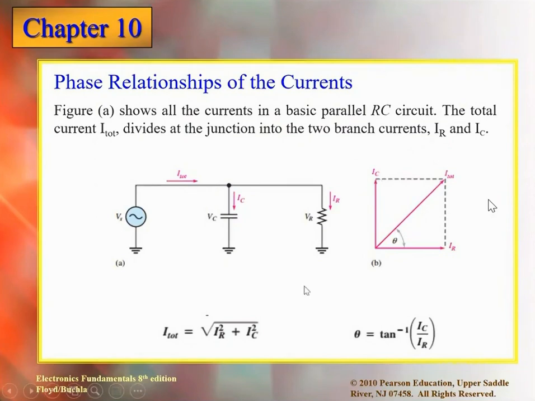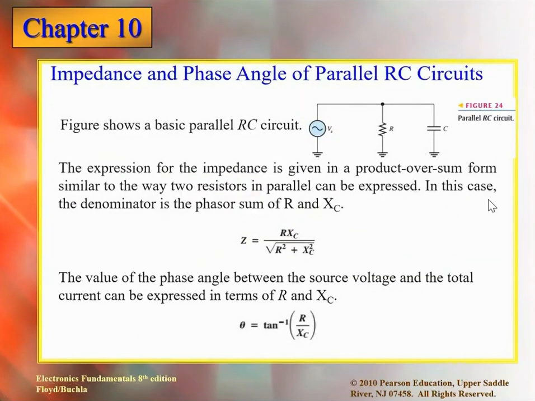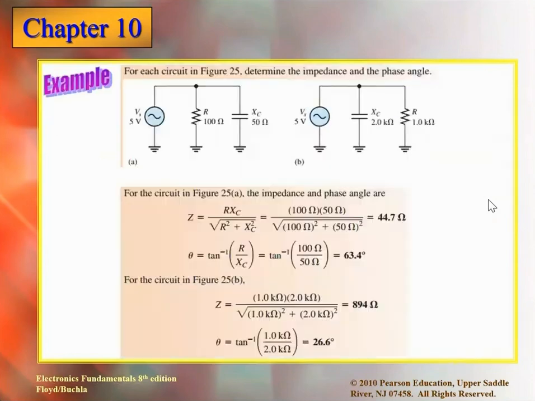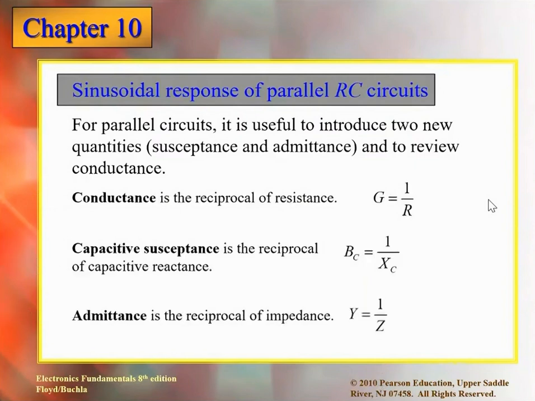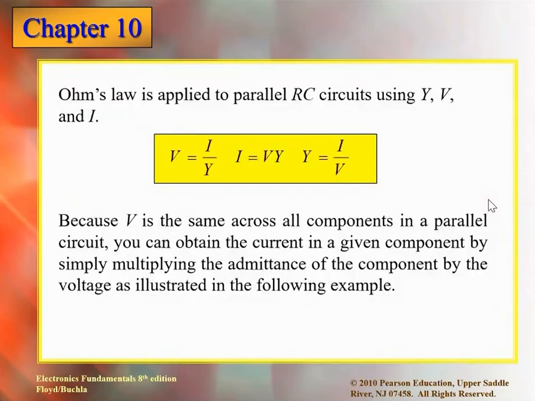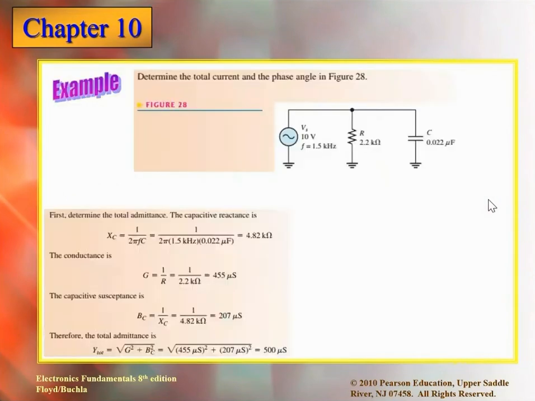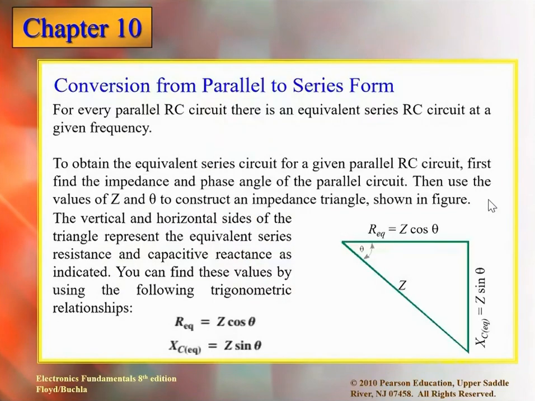We also know the impedance concept discussed already, and this is a sinusoidal response. Here we discussed the reciprocals of G, B, C, and Y, and Ohm's law formula in terms of admittance. And now this is just for review, like sine, cosine, and tangent.